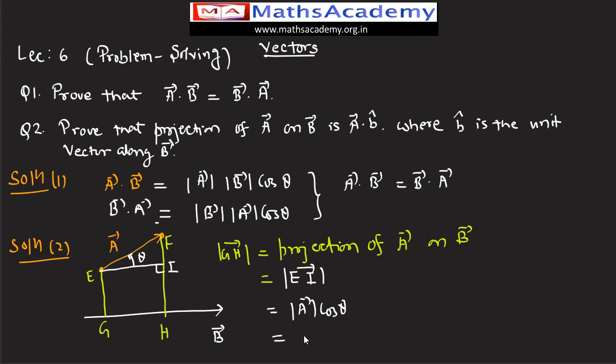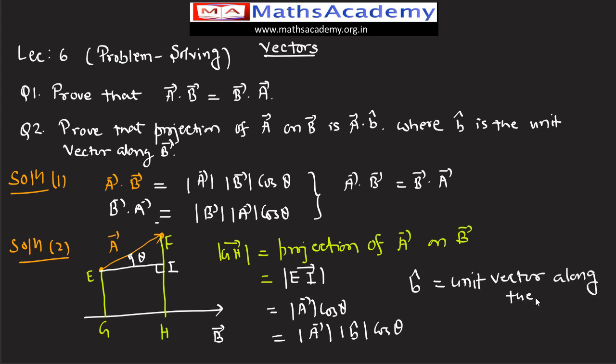So I can replace this with the magnitude of A vector, then the magnitude of B cap vector, and cosine of theta, where I consider B cap to be the unit vector along the vector B, which is the same as the dot product of A vector and B cap.